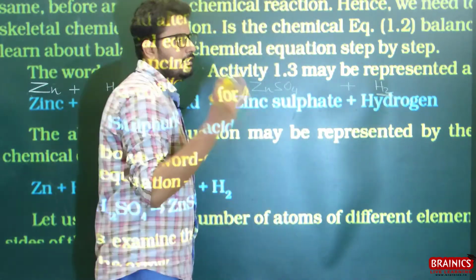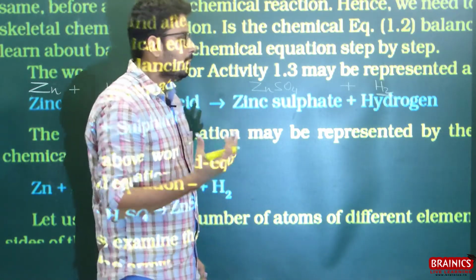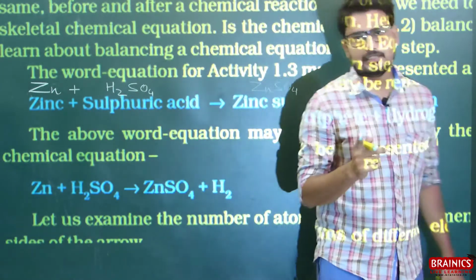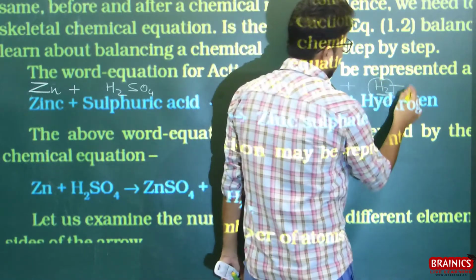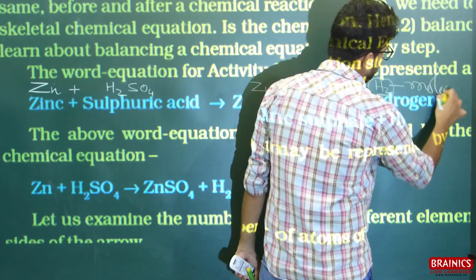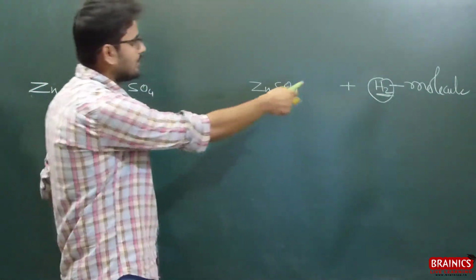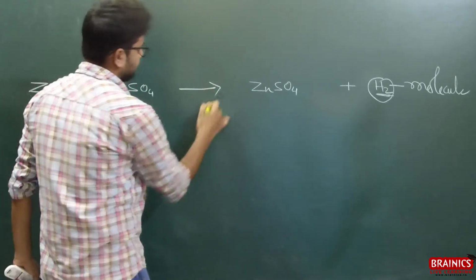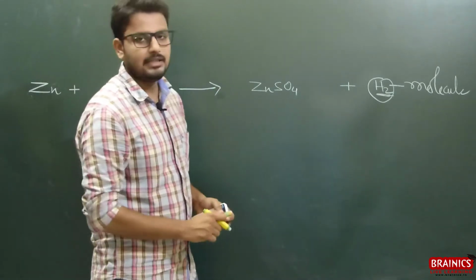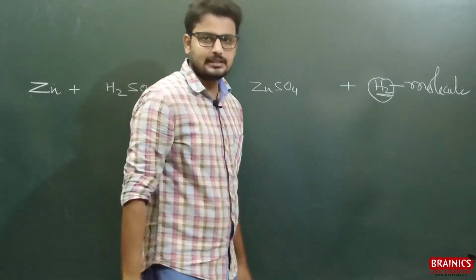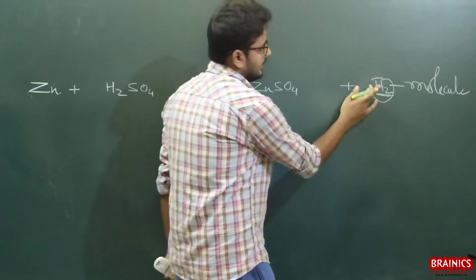We know that more than 1 atom of the same element, if combined together, is known as a molecule. So this is a hydrogen molecule. If I ask how many hydrogen molecules you see here, you will say only 1, because there is no number.